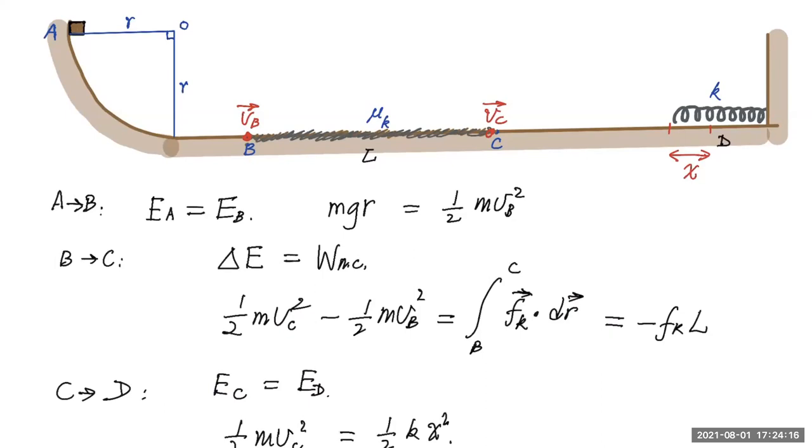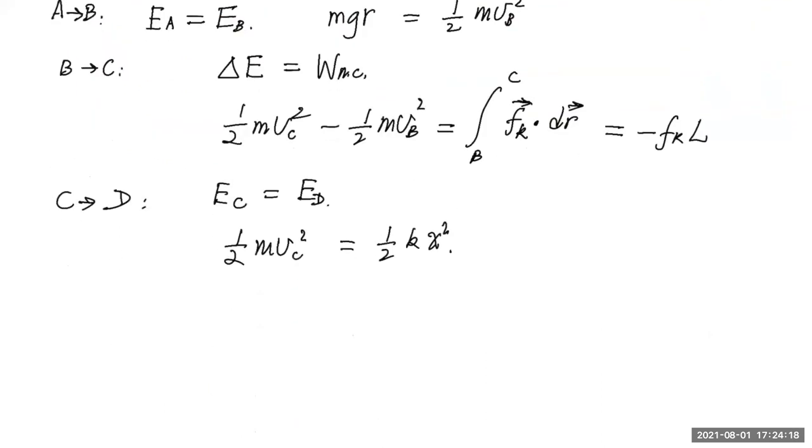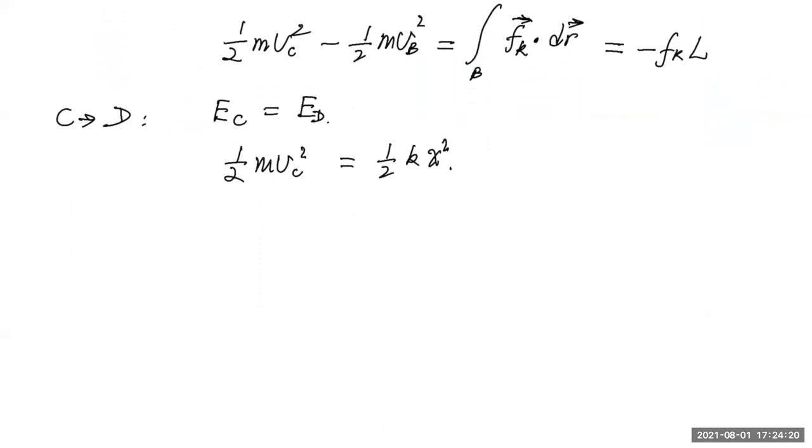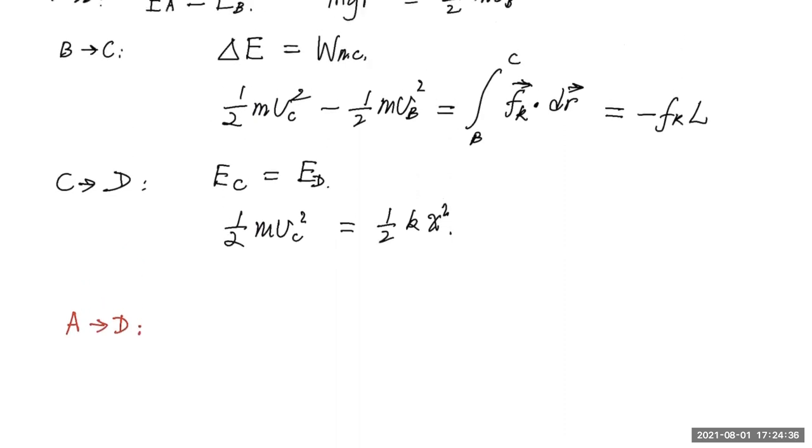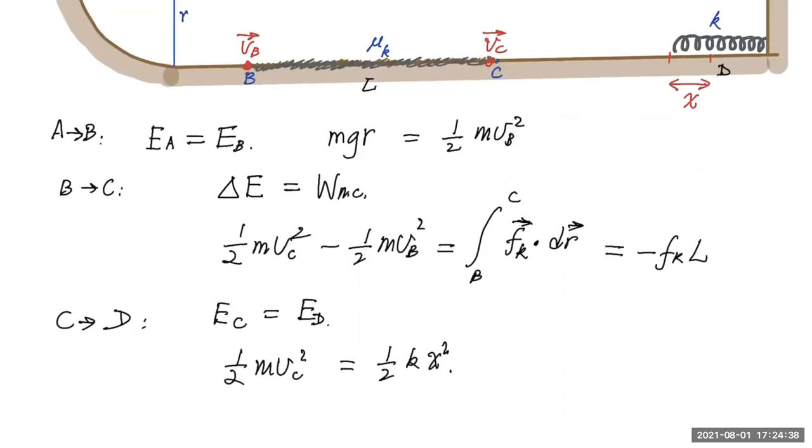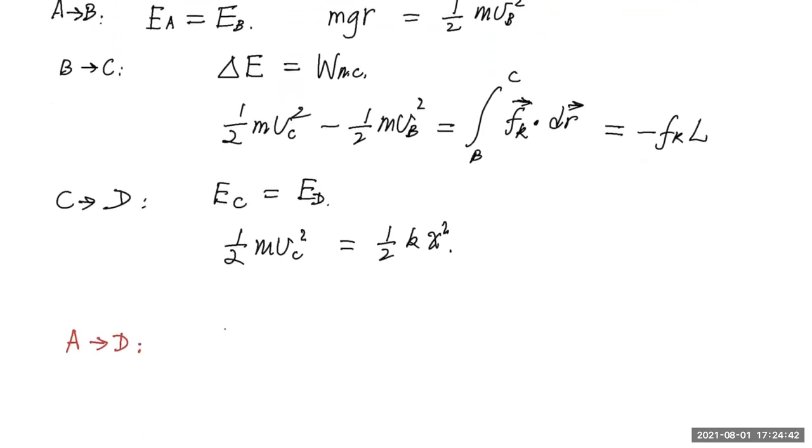You can do that. Okay, and if you do so, let's go from A to D, see how that works. And if you do so, you find that EA and ED, they're not equal, because going from A to D, somebody did work. The friction did work, and it's non-conservative. So you can only write delta E equals W non-conservative.